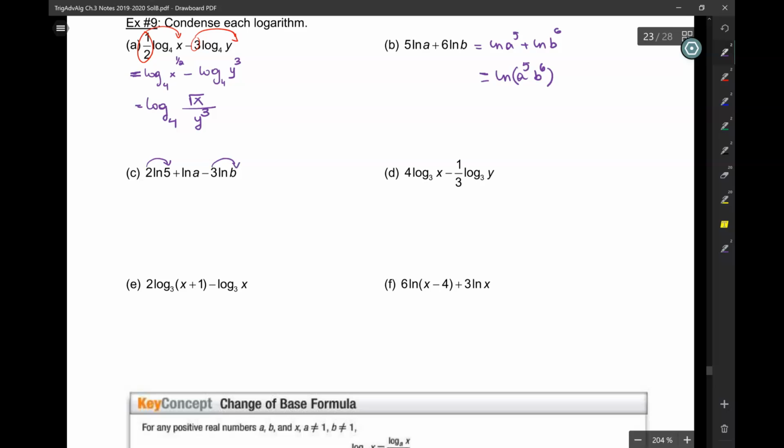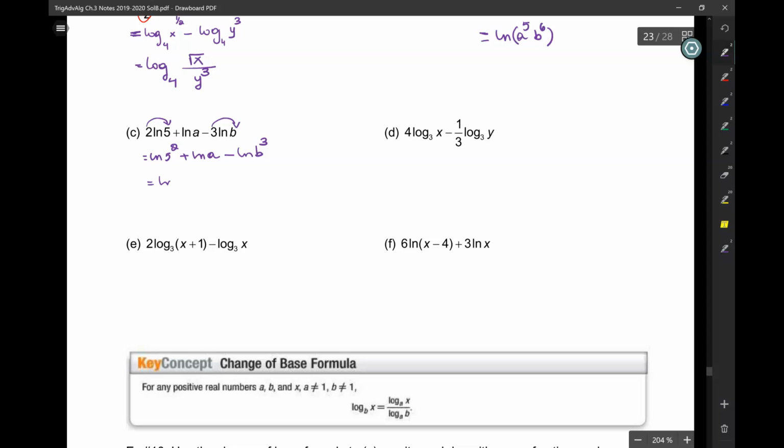Exponent, exponent. ln 5 squared plus ln a minus ln b cubed. ln 5 squared times a divided by b cubed. Now what to do about the 5 squared?